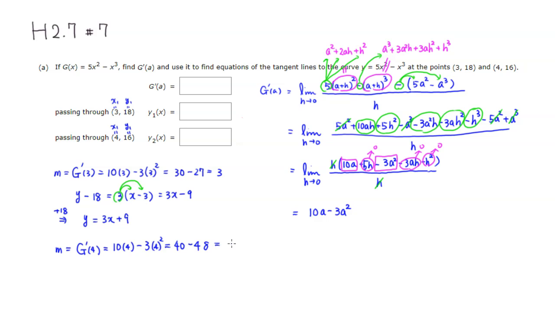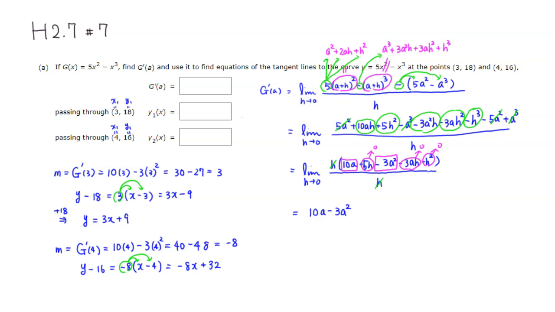So slope is negative 8, right? So we can just do y minus y1, which is 16, is equal to slope, negative 8 for this one, times x minus 4, right? Just like before, we can distribute negative 8 to both terms. We get negative 8x plus 32.